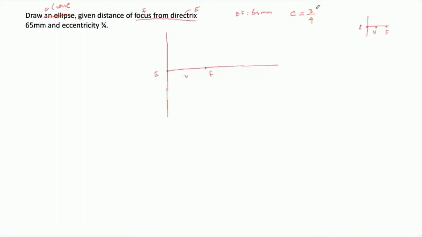We have this ratio e equal to 3 by 4. So as per the definition, we know that VF by VE. Your 3 parts should be shared with VF and 4 parts should be shared with VE.